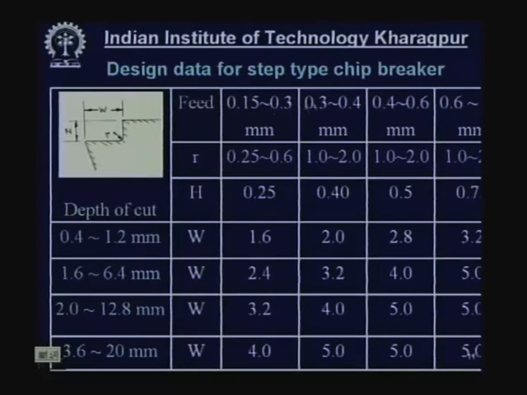And as the feed increases, the value of H, the height, is also increasing and W is also increasing, because with increase in feed, or the uncut chip thickness A1, the radius of curvature at which it will break will increase, for which the values of H and W should increase. So this is a table which can be utilized very simply by people to prepare either the step type, inbuilt type or clamp type chip breaker.